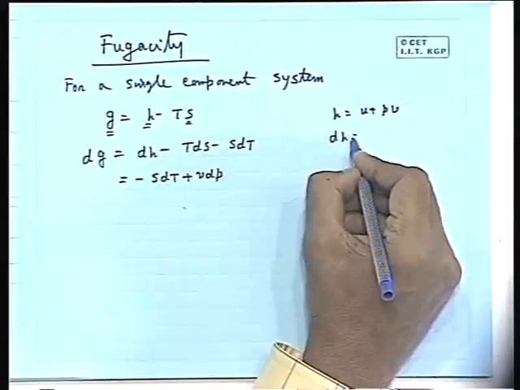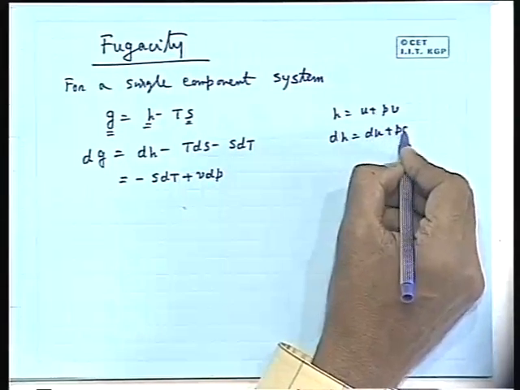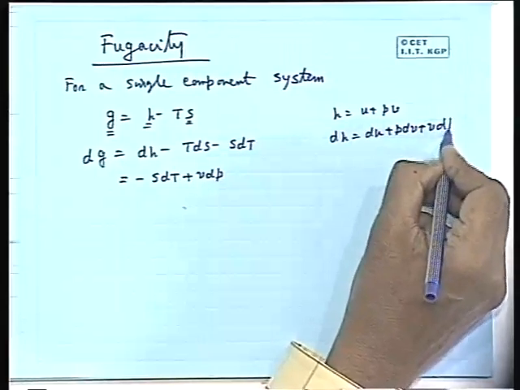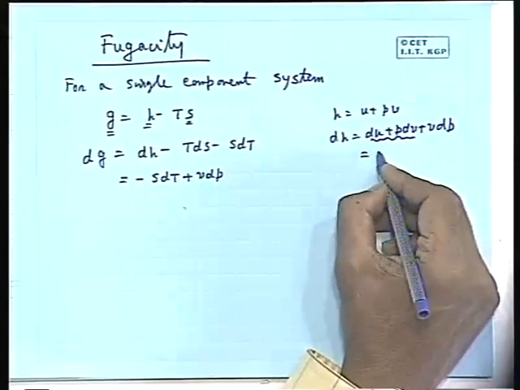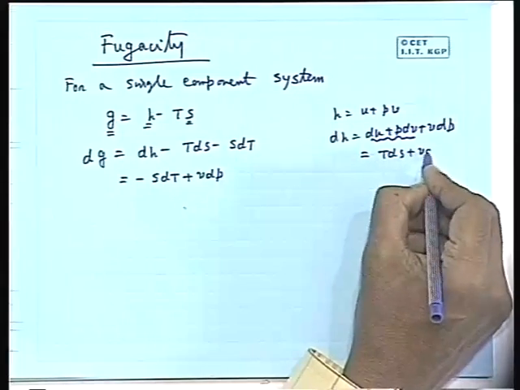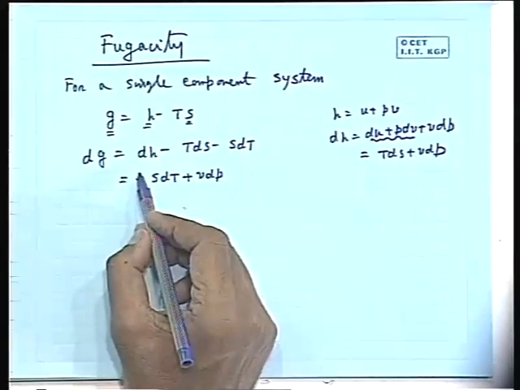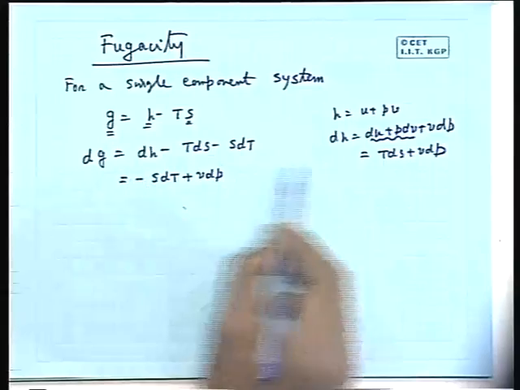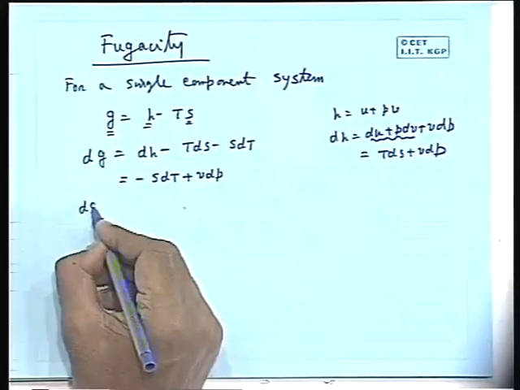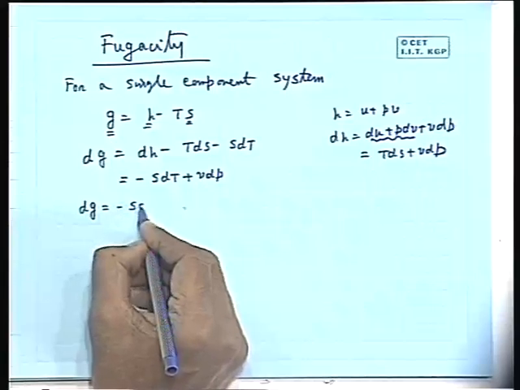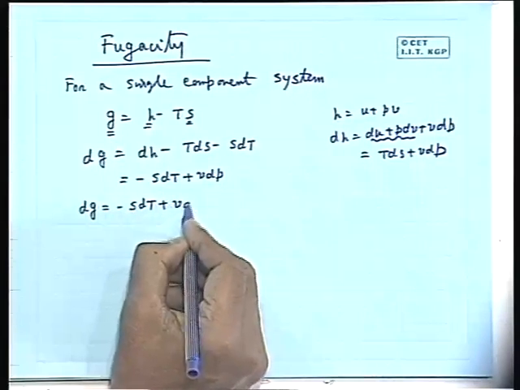So if we substitute this dH, we get dG is equal to minus SdT plus VdP.